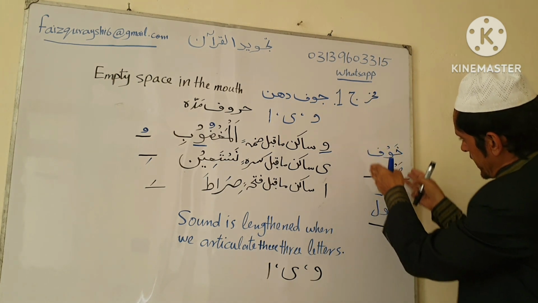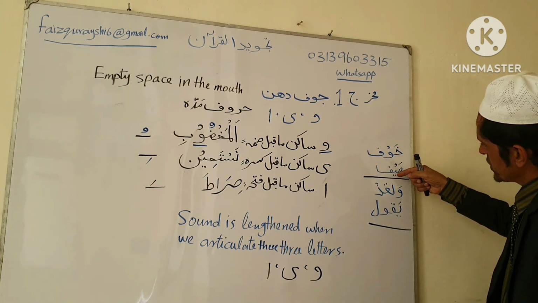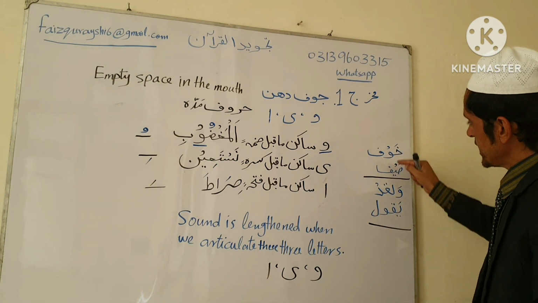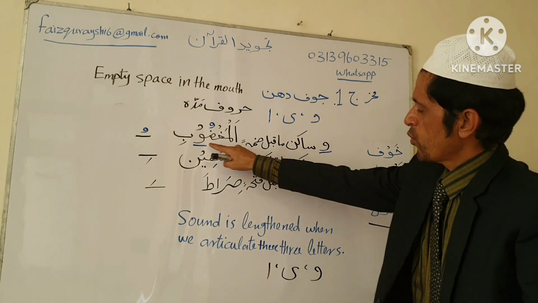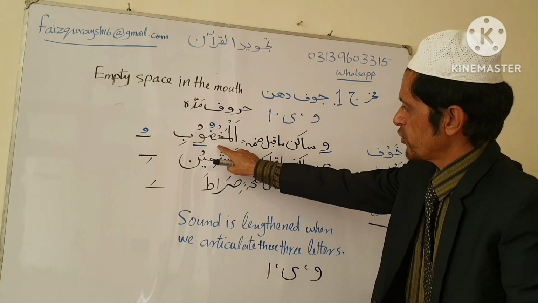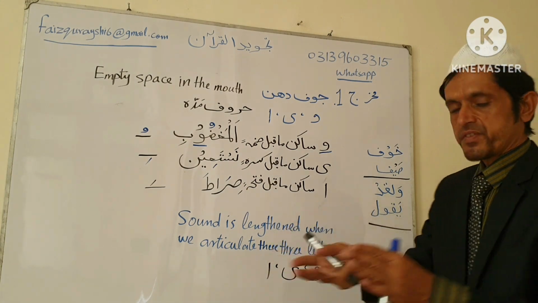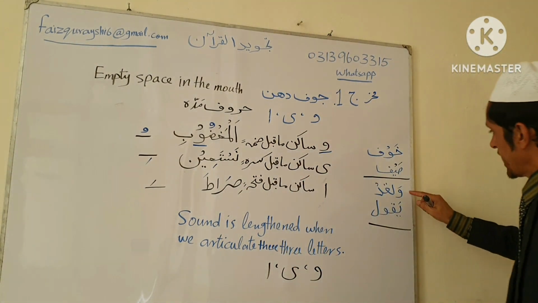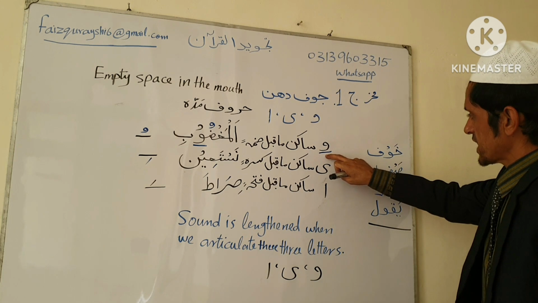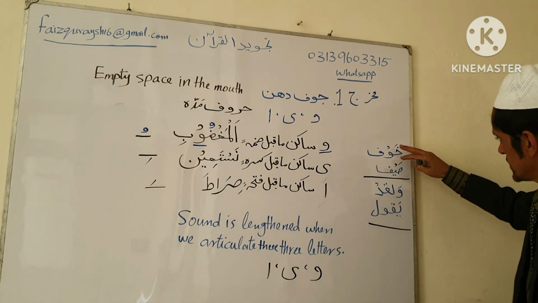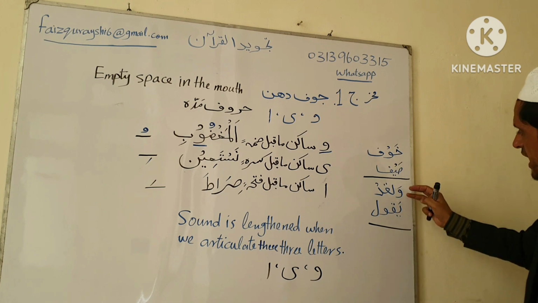So waw and ya sakin ma qabal fatha are called wawilin, yailin. But waw sakin ma qabal dhamma is waw madda, ya sakin ma qabal kasra is ya madda, and alif is always madda.